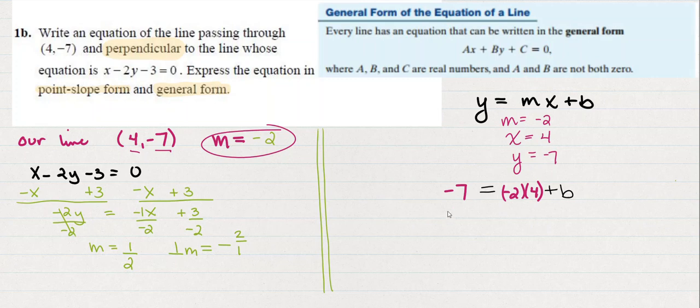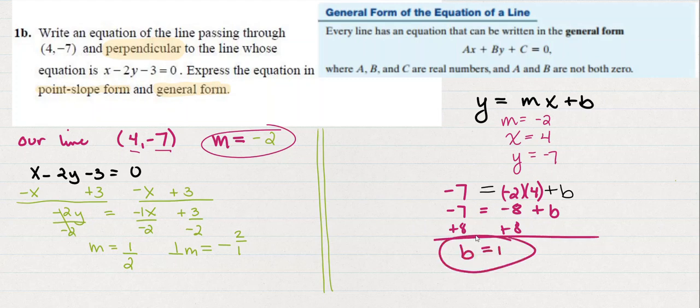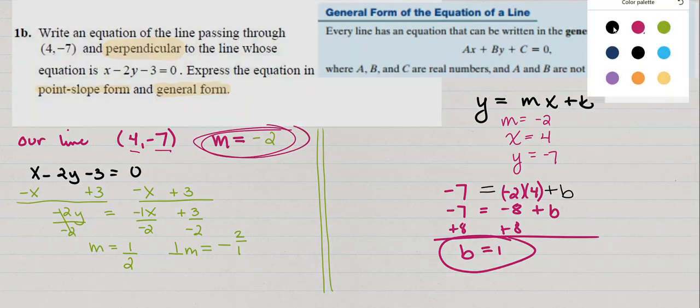Solving for b, negative 7 equals negative 8 plus b. So adding 8 to both sides, I'd get that b is equal to 1.